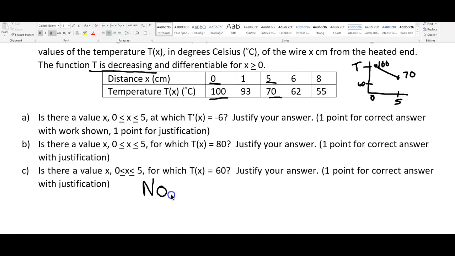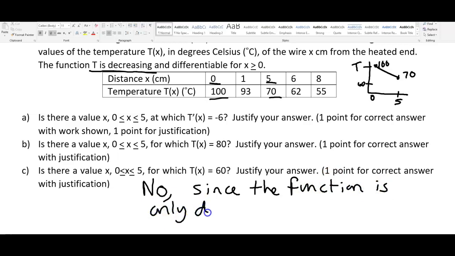Okay? Here's how I would word my answer to this. Since the function is decreasing, I'll put only decreasing on the interval.